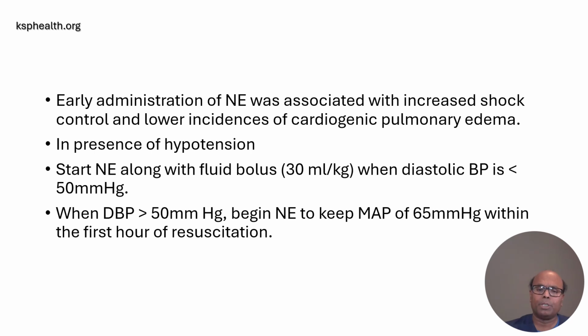In presence of hypotension, start norepinephrine along with fluid bolus, especially when the diastolic blood pressure is less than 50. When the diastolic blood pressure is more than 50, begin norepinephrine to keep the MAP 65 or above.